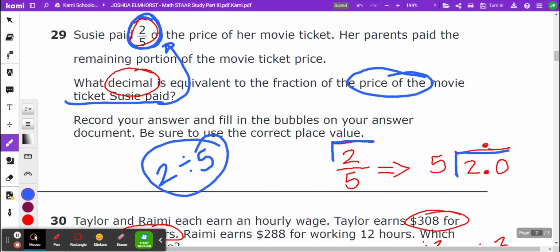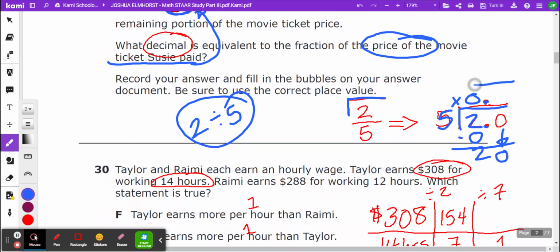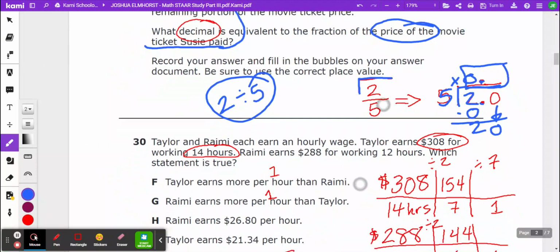But in longhand, 2 goes inside and 5 goes outside. So 5 times 4 would be 20. And then you bring the 0 down. Bring your decimal up into your answer. And then put the decimal value right there.